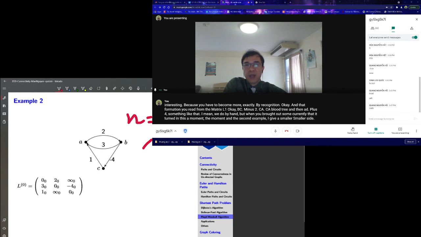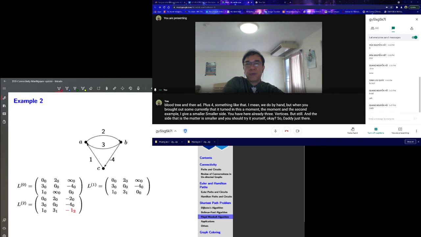You have here only 3 vertices, but still directed, and the size of the distance matrix is smaller, and you should try it yourself.